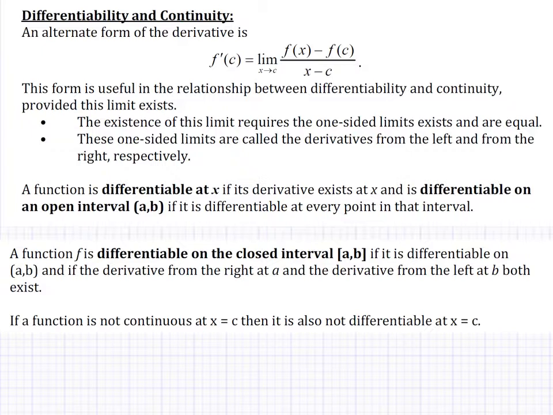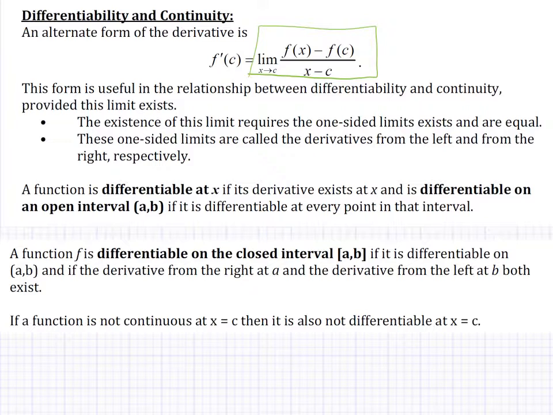So therefore, it's possible that the derivative could not exist. And so we need to look at whether or not a derivative exists or doesn't exist and what might cause that and how that relates somehow to continuity, because we've seen in the past that limits and continuity also have a relationship. And so what we're going to do is we're going to use an alternative definition for the derivative. And this right here is our alternative definition to the derivative.